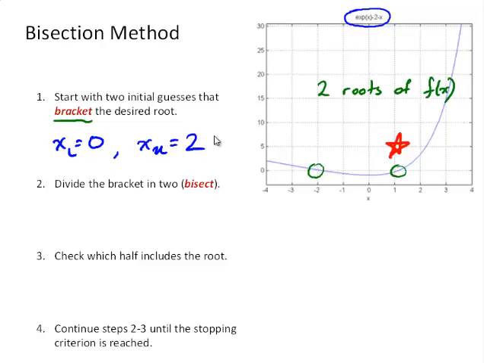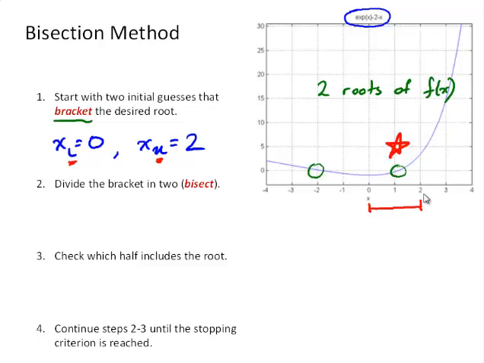So we're picking 0 and 2 as a lower bound, L for lower, and U for the upper side of our bracket. And we can represent this as our initial bracket goes from 0 to 2.